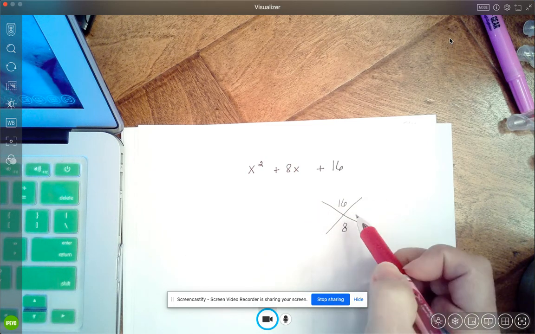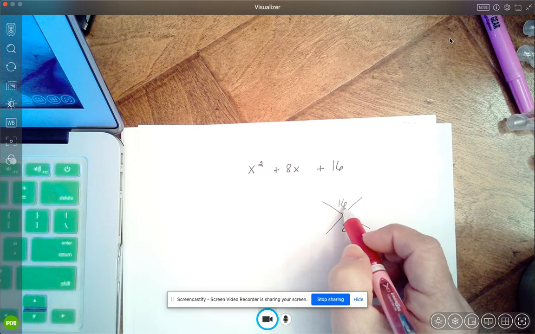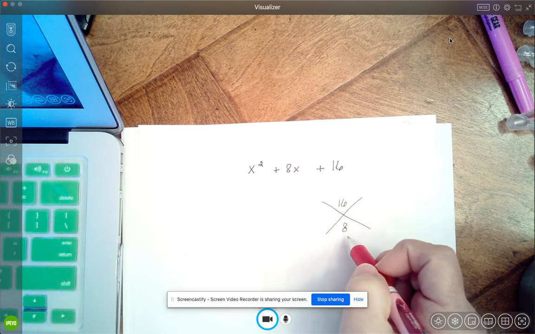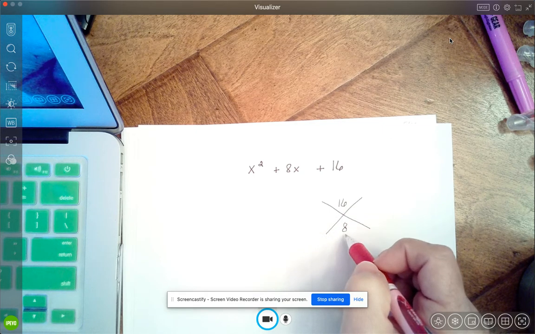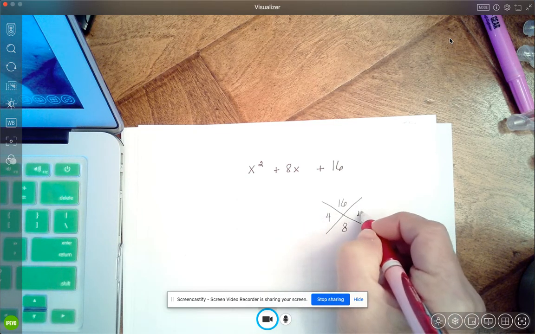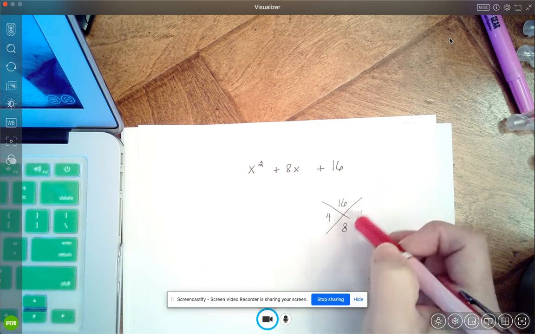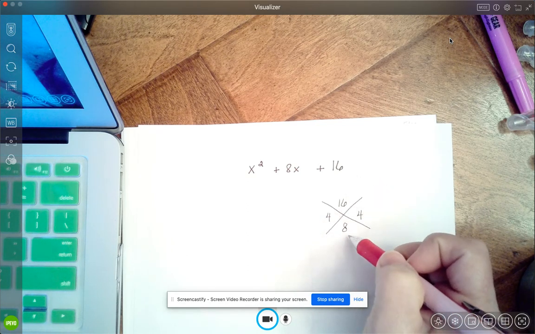Now I need to find two numbers that will multiply to get 16, and they will add to get 8. And it is 4 times 4. 4 times 4 is positive 16. 4 plus 4 is positive 8.